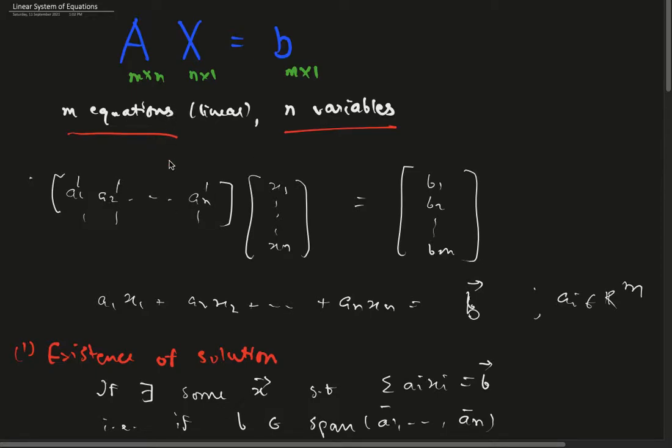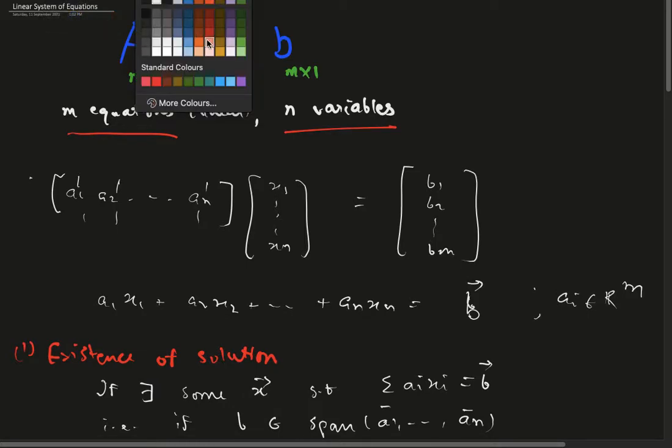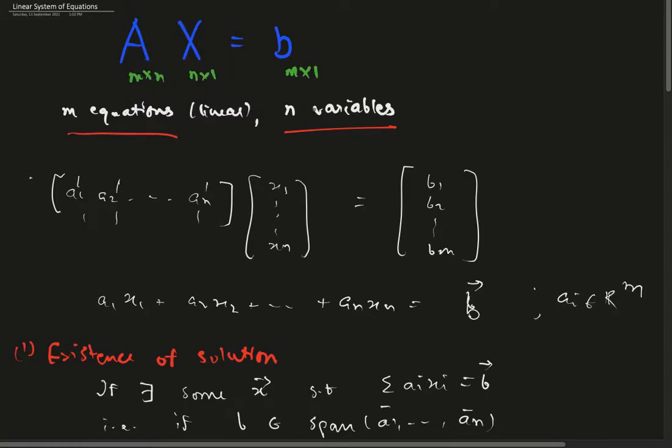Also, what we know from matrix notation is that we can write A in the form of column vectors like this, and writing x in this form, we can write Ax in this form and b as a vector.